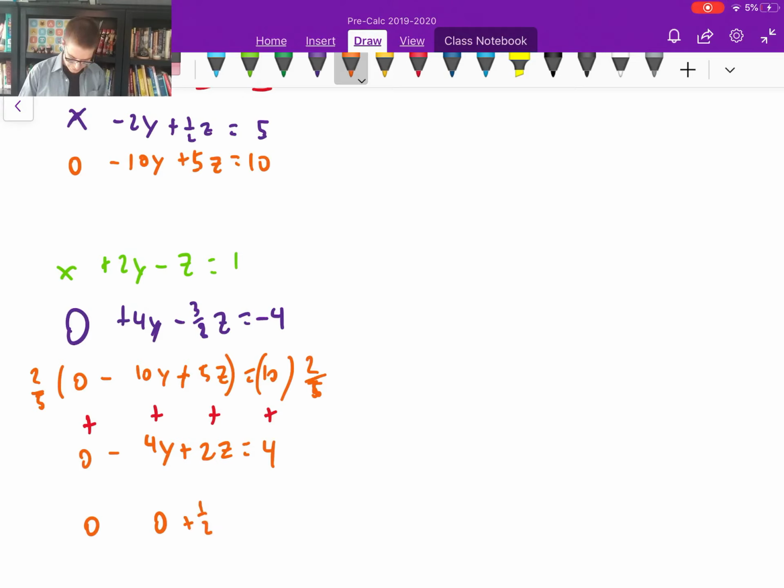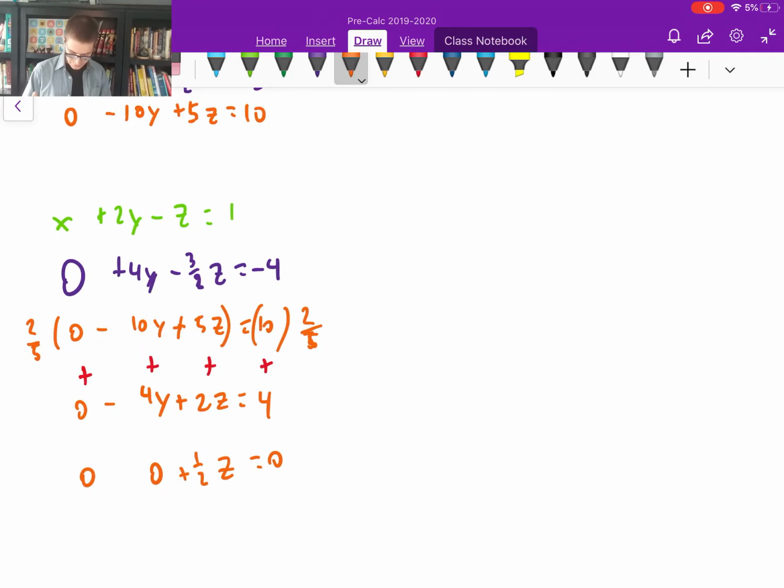Negative 4 plus 4 would equal 0. So that's good there. Negative 3 halves plus 2z, that is negative 1 1/2 plus 2z, should be 1/2. Great. So we got 0 plus 0 plus 1/2 z equals 0.